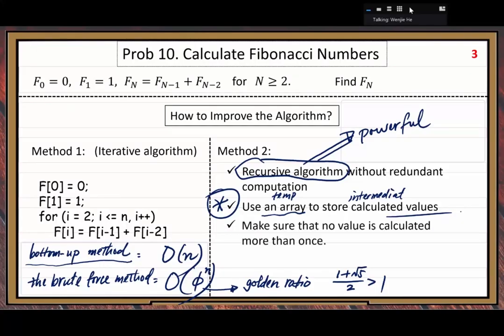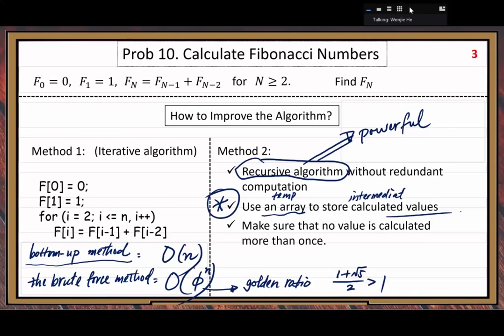Make sure that no value is calculated more than once. So why can we remove redundancy? Because of this: make sure that no value is calculated more than once. Why can you make sure? Because you store the previously calculated values. You can check your temporary storage to see if the values you need are available or not.